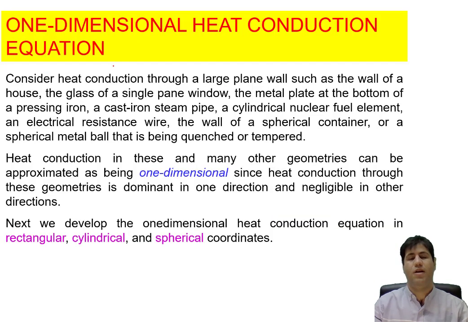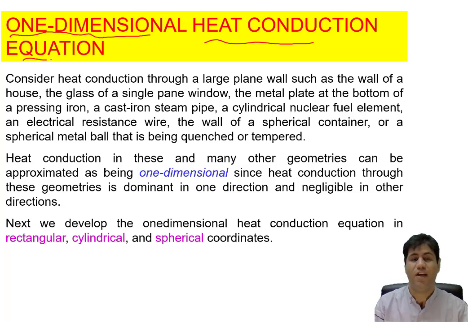So up to here was just some introduction for us to start to develop the one-dimensional heat conduction equation. Up to here, you have seen what heat transfer is. It is a vector. The direction is important. We have seen three different coordinate systems.